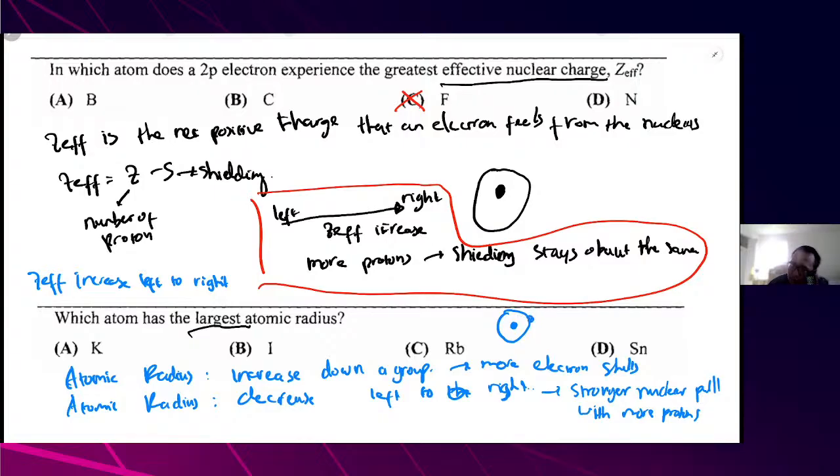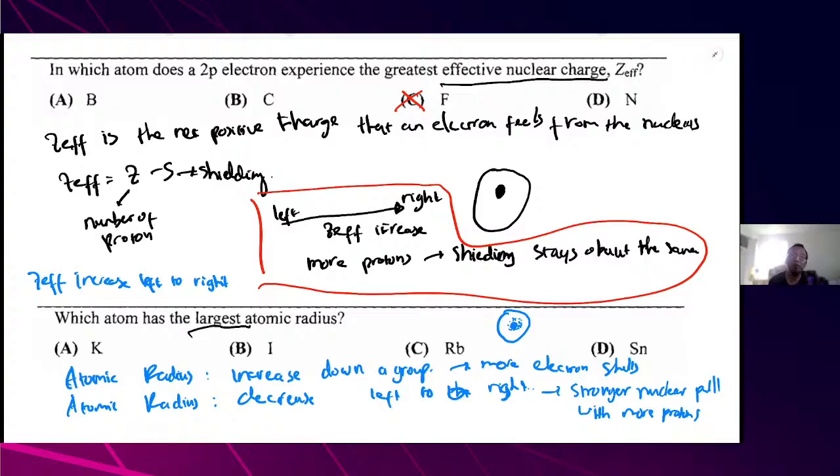But if we are looking from left to the right, we will have more protons. So for example, we have a bunch of protons over here, and then, sorry, this is electron. If we have more protons, which means a stronger nuclear pull with more protons, this kind of element will have a much stronger pull from the nucleus.